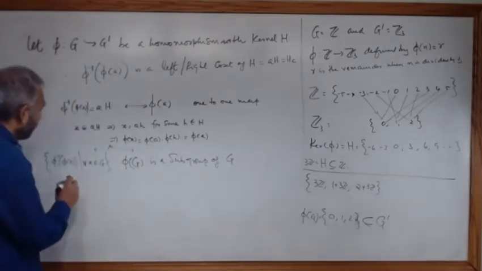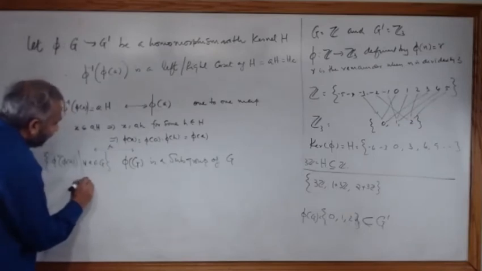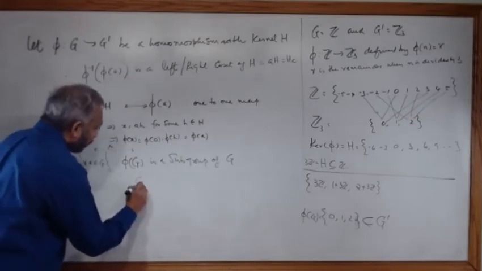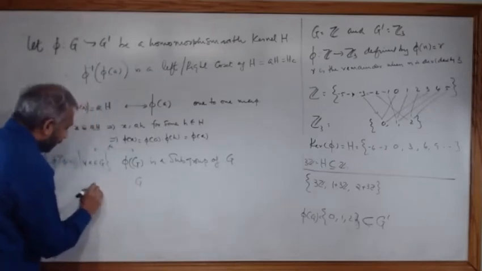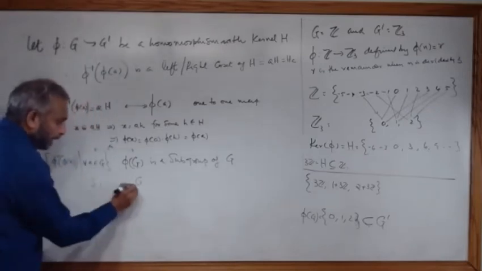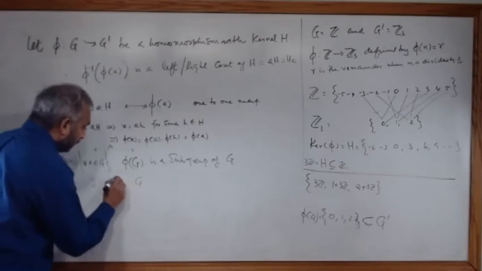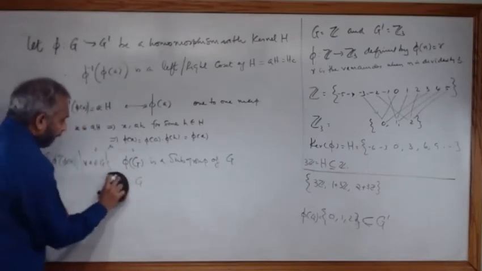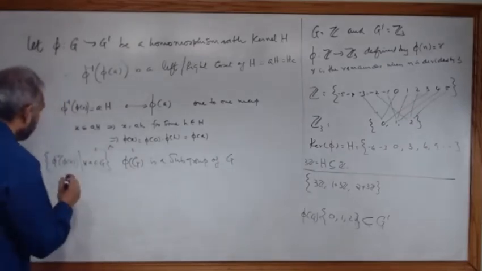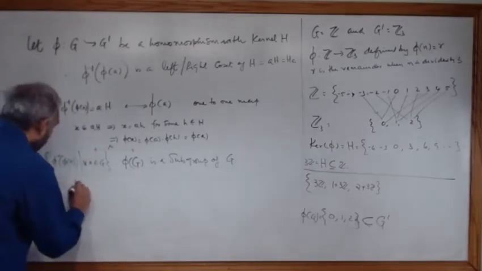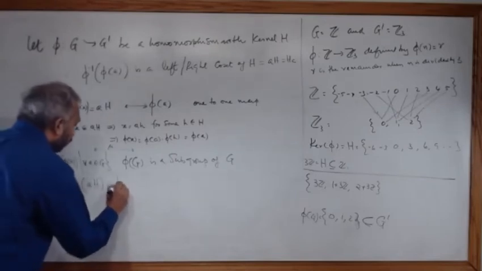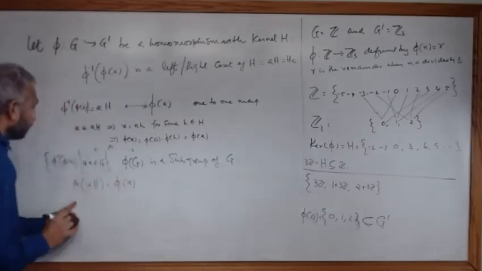So say you have a group here and a set that has the same cardinality as this, and there is a bijective map. The bijective map here is going to be mu of aH equal to phi of a. This is the bijective map.